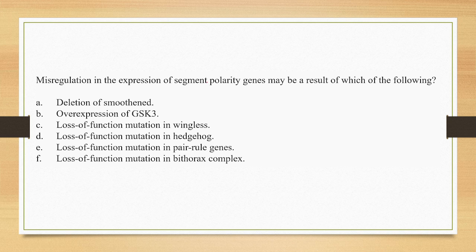What do segment polarity genes do? They give polarity to the segment. The name itself says segment polarity genes. That means it provides the anterior-posterior polarity to each segment. So if there is any misregulation in the expression of the segment polarity genes, what would happen?